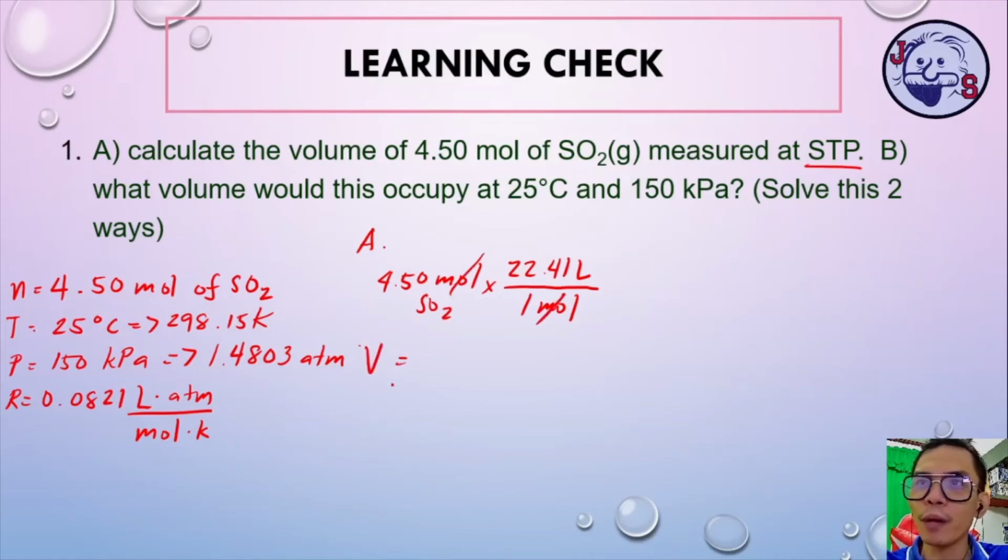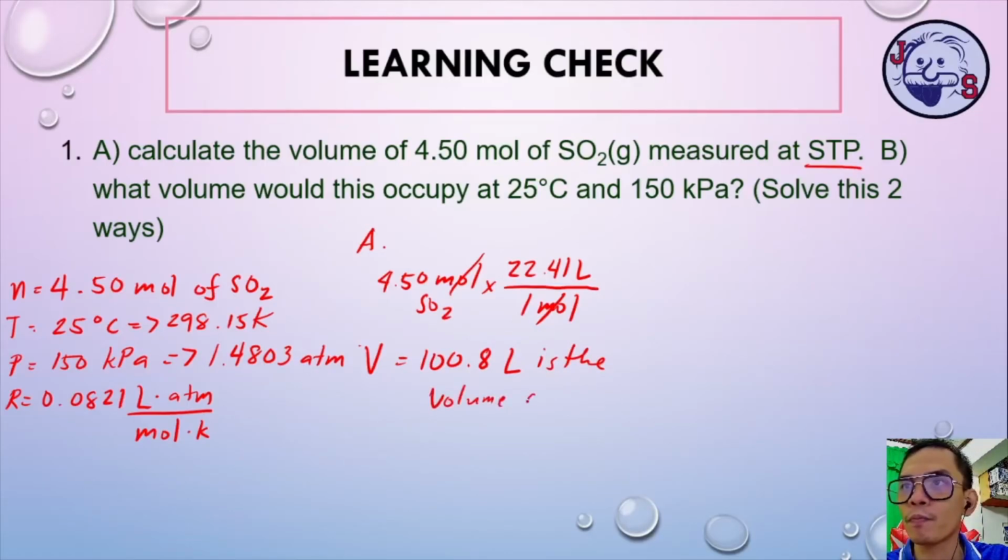The volume at STP is 4.50 times 22.41, and the answer is 100.8 liters. So 100.8 liters is the volume of SO2 at STP. There you go.